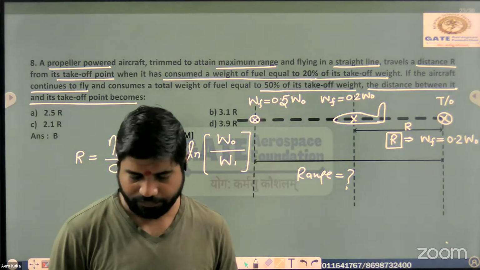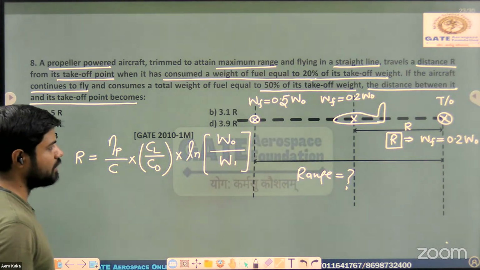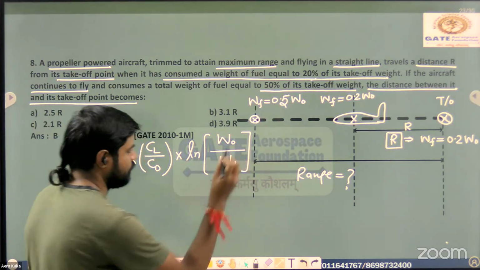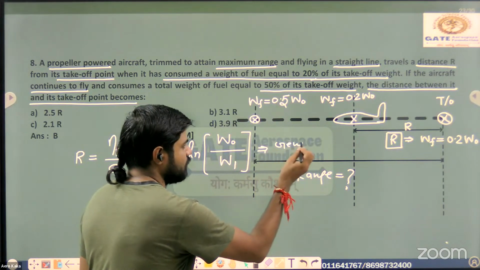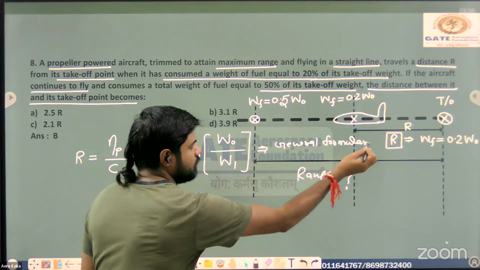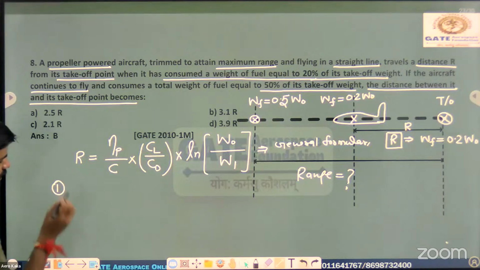Clear? So this is a general formula. Write on case one. What is given?